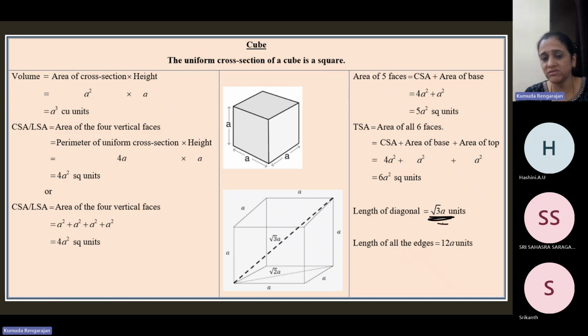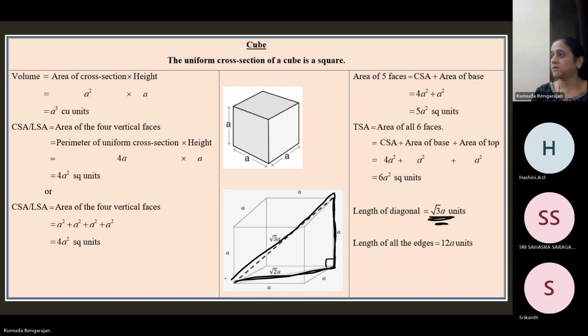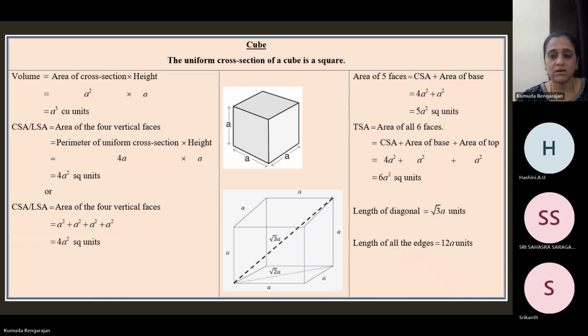So how do we get this formula? Just root Pythagoras theorem. You can see a right triangle here. This is A. This is root 2A, because the length of the diagonal of a square is root 2A. This is A. When you apply Pythagoras theorem, the length of the diagonal will be root 3A. This is the right triangle.